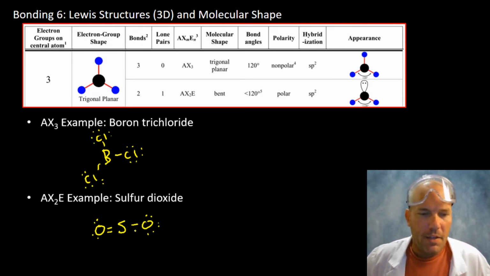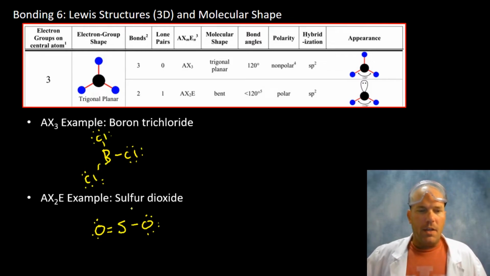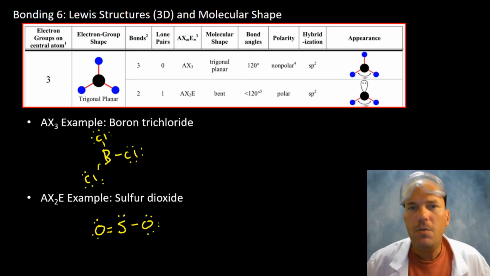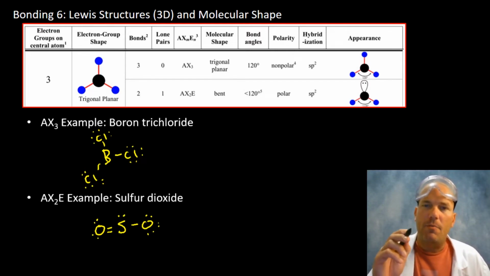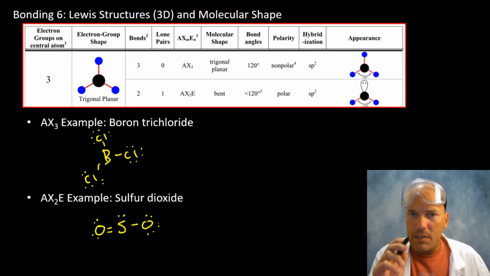Okay, and if you go through here and look at it, you are left with needing 2. So now we're placing 2 electrons, or 1 lone pair, on the central atom. And remember, a lone pair is an electron group.